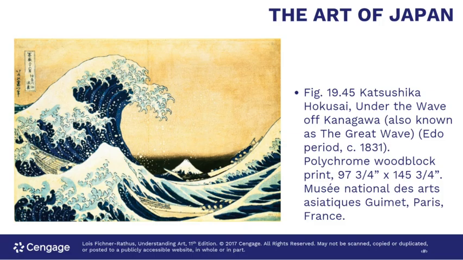Sometimes Mount Fuji is really large and dominates the composition, and sometimes, as in this case, The Great Wave off Kanagawa, the mountain is small and in the background.